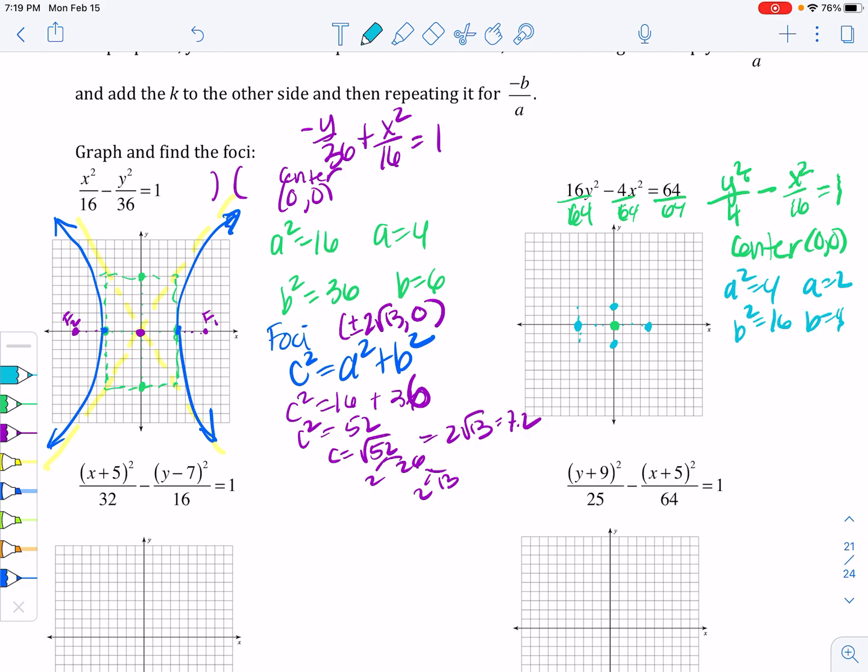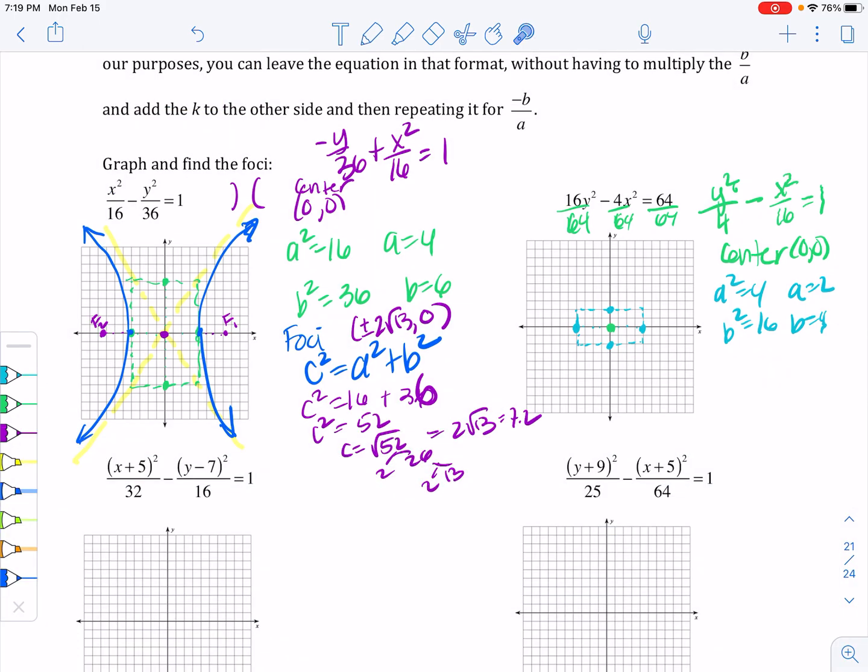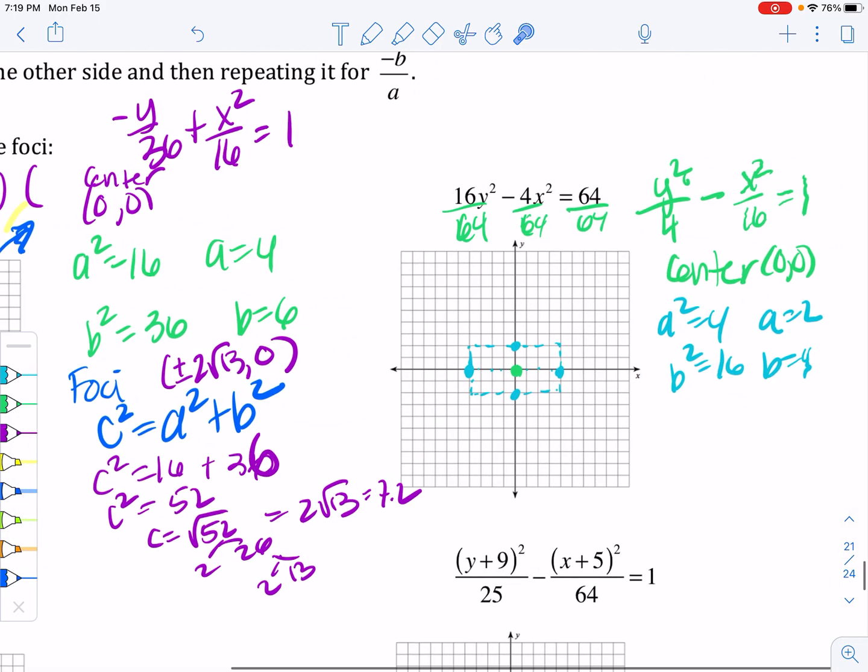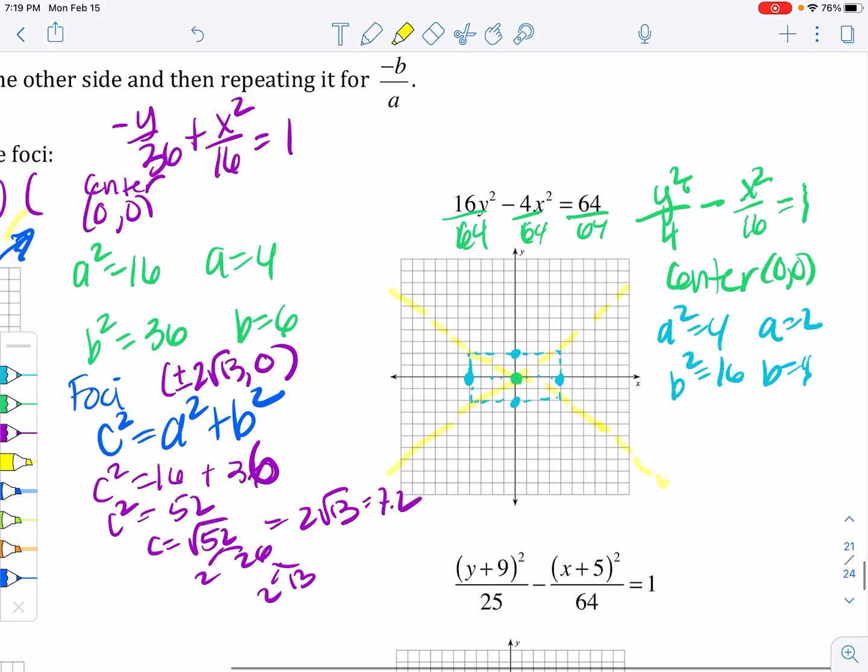Again, the way that we determine which way the hyperbola is opening is based on which thing is positive. So our y squared is positive in this case, so that means that we're going to be opening up and down. I create my asymptotes through the vertices of the box, or the corners, and they go through the center as well.